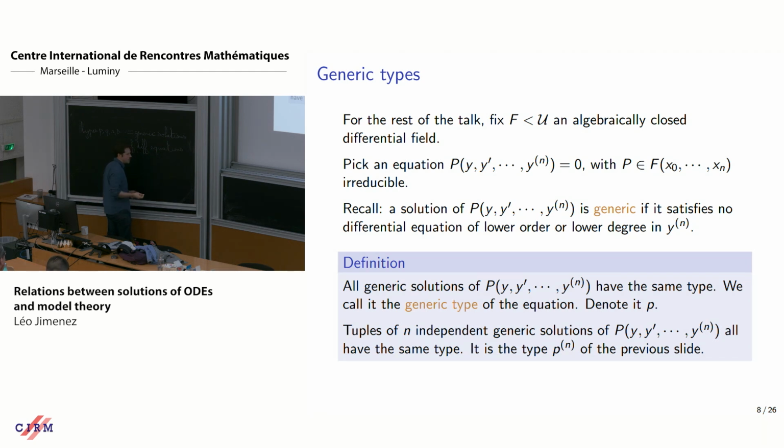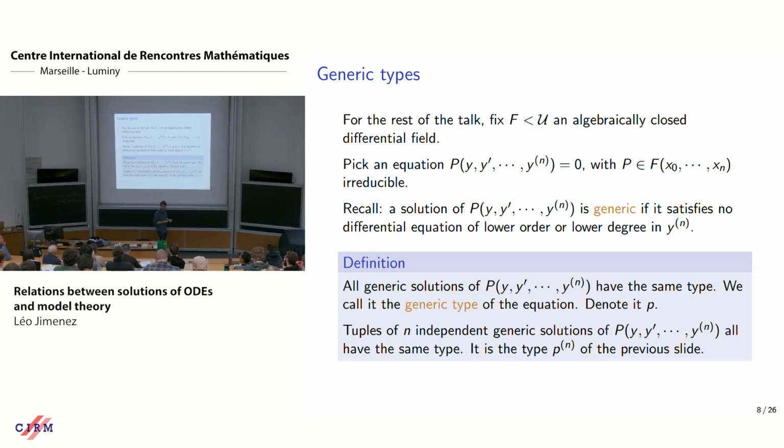So really, working with types is just working with generic solutions instead of just solutions. This is what I'm doing. The language is model theoretic, but this is what it means.